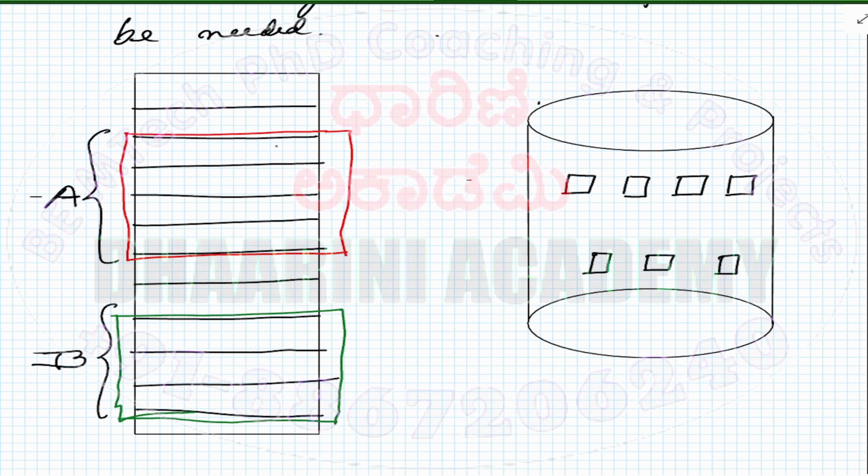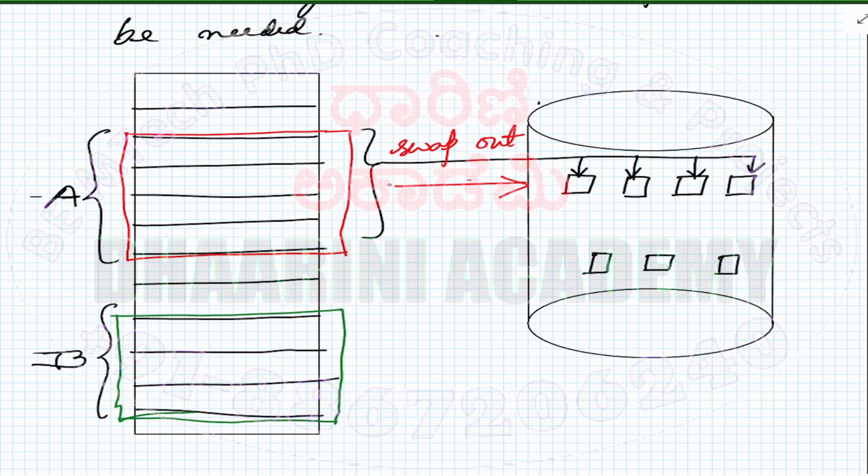Now what happens when this particular code or the process A is running, and once the programmer has written something, once the usage is over, you can write it onto the cells by a specific process, this is swap out. You are writing the function to the cells. At the same time, there is another option.